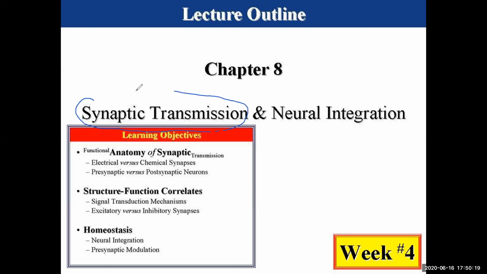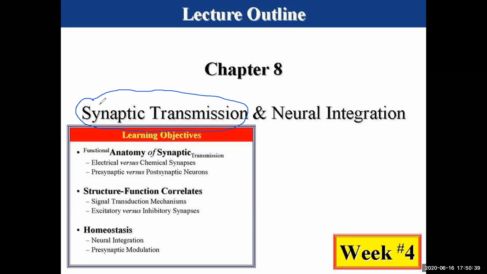When we say synaptic transmission, we are talking about communication between at least two neurons, right? So it takes two to tango here. In order to have a synapse, you need at least two neurons, two cells, two nerve cells.